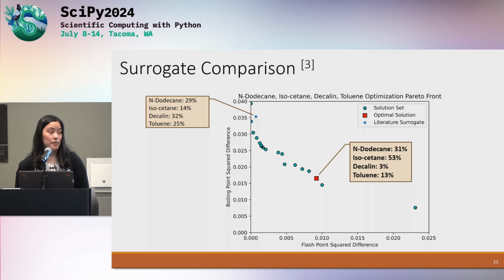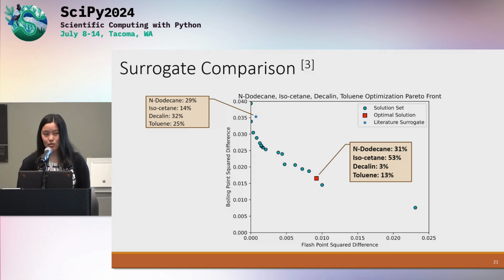So our optimization returned this solution set, and we identify the red square as the solution with the smallest trade-off between boiling point and flash point. We also note that our red square solution lies below the blue star, which represents our literature surrogate. So this indicates that when optimizing for only boiling point and flash point, our methodology returns a surrogate that performs better than the literature with the specific components.